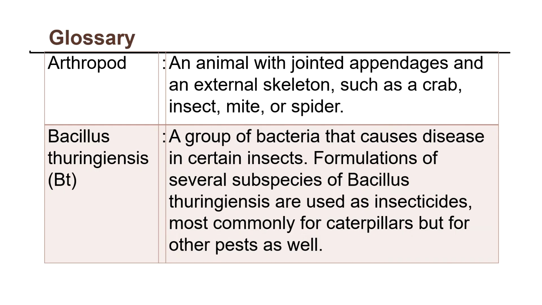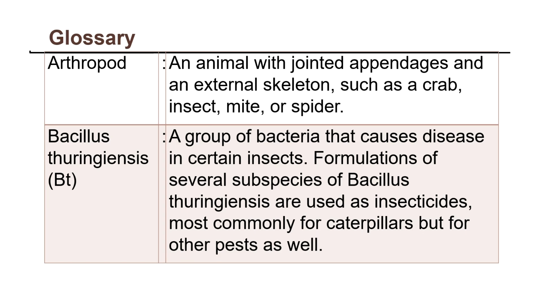But before going into the details of this talk, let us see some difficult words in the beginning. Arthropod, an animal with jointed appendages and an external skeleton, such as crab, insect, mite or spider. Bacillus thuringiensis, normally called BT, a group of bacteria that causes disease in certain insects.